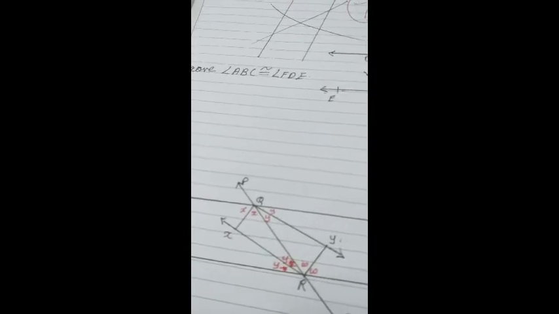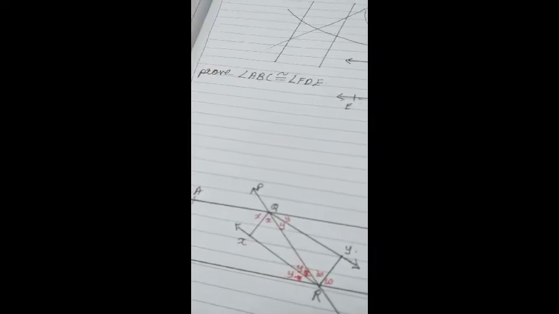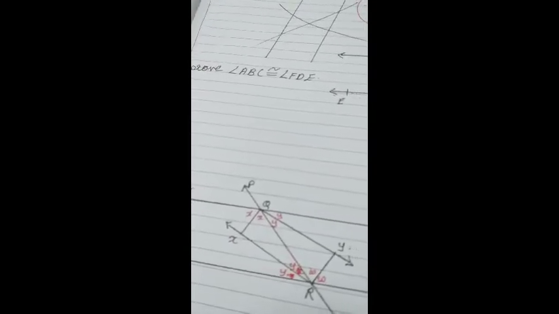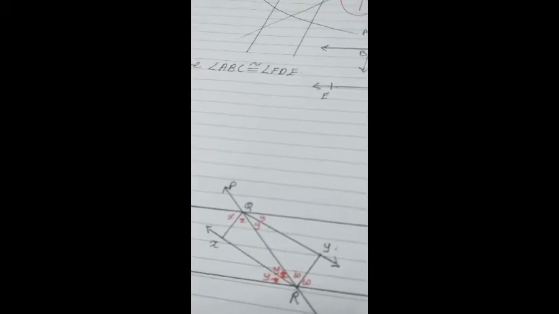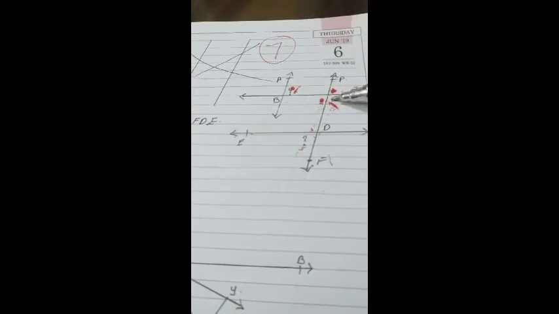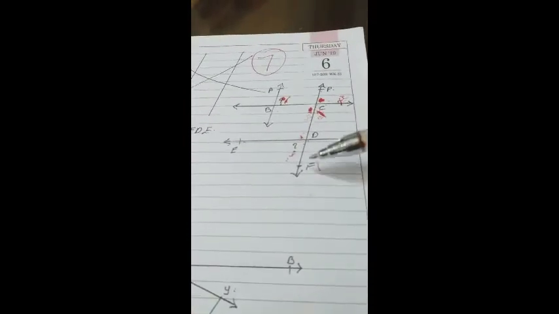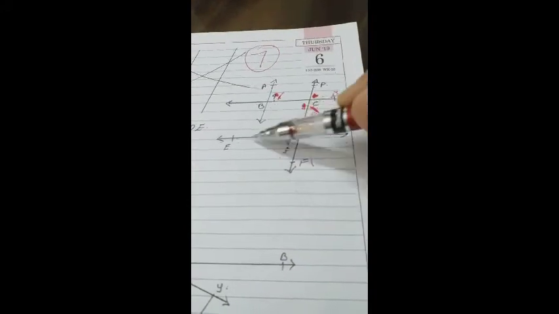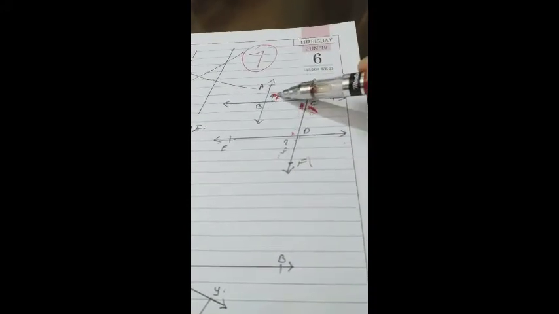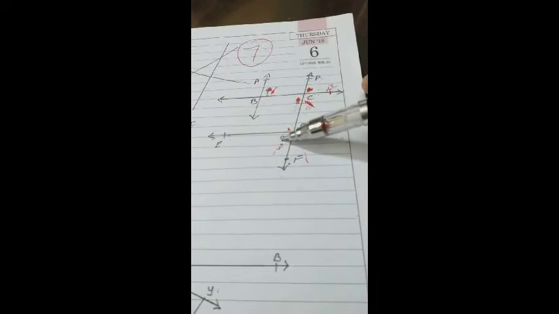Now what is the question? The question says: prove angle ABC is congruent to angle FDE. We have to prove this angle is congruent to this angle.